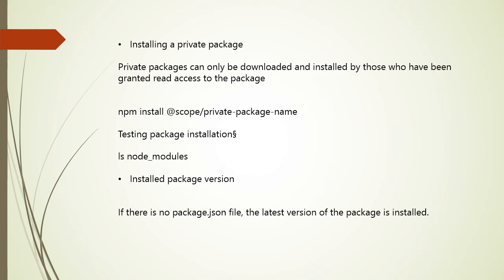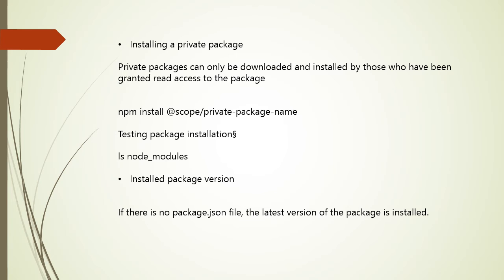Private packages can only be downloaded and installed by those who have been granted read access to the package. Since private packages are always scoped, you must reference the scope name during the installation: npm install @scope/private-package-name.